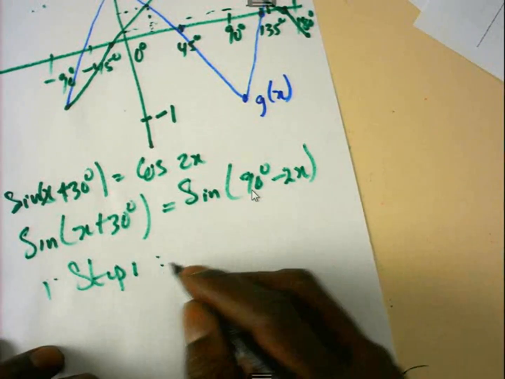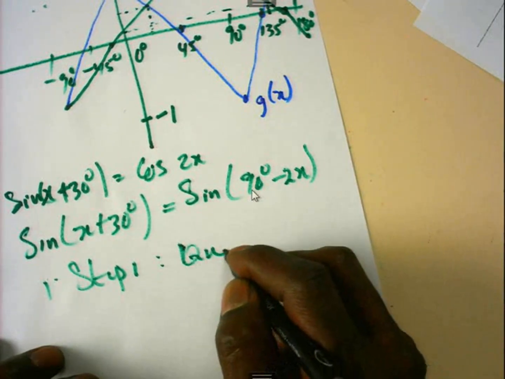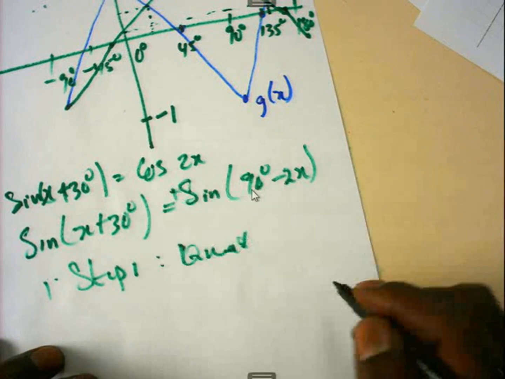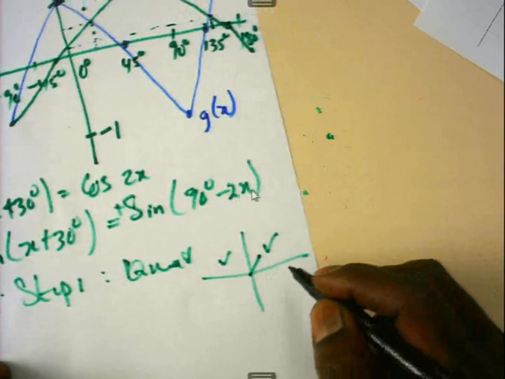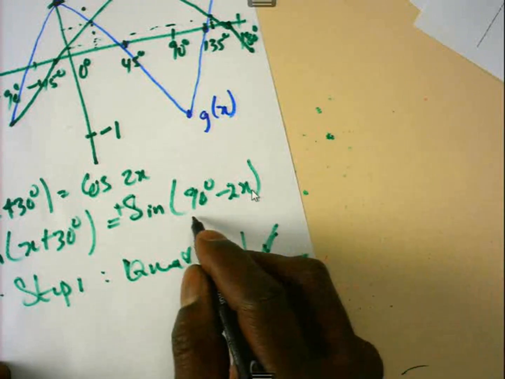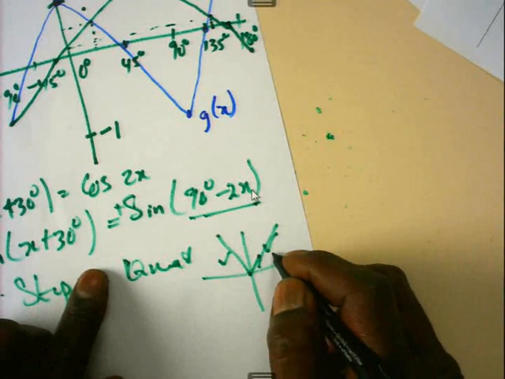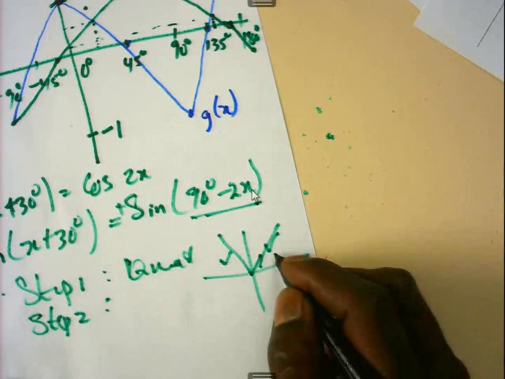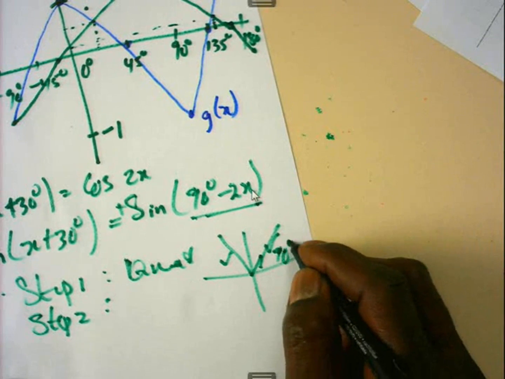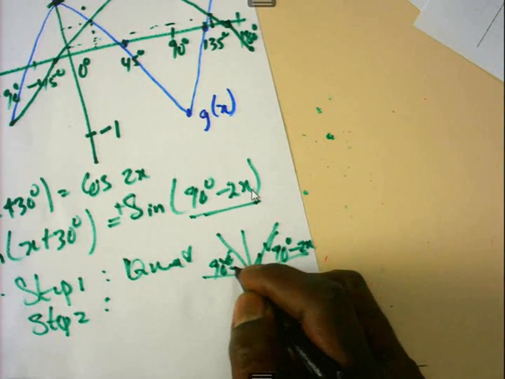Step 1, the quadrant: sine is positive in the first and the second quadrant, and we're going to do that and that. Because we've got x there, we are not going to calculate the reference angle, which will be step 2. We are just going to write the reference angle as 90 degrees minus 2x.